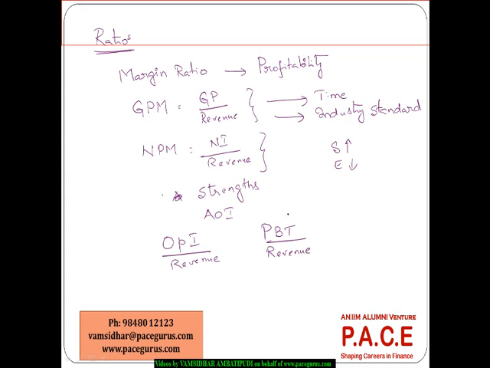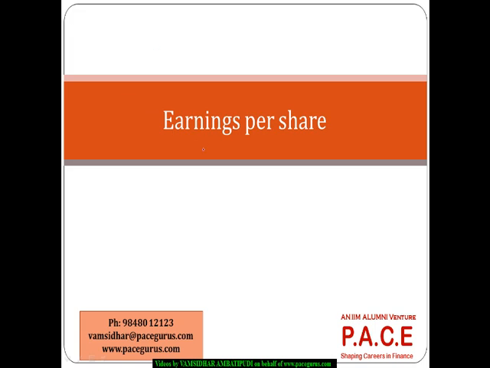All right. In this session, I'm going to look at one of the most important tools used by analysts, especially from the statement of comprehensive income, the income statement or profit and loss statement, for assessing the performance of the firm, which is the earnings per share.